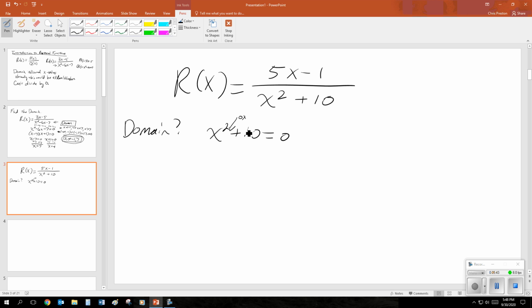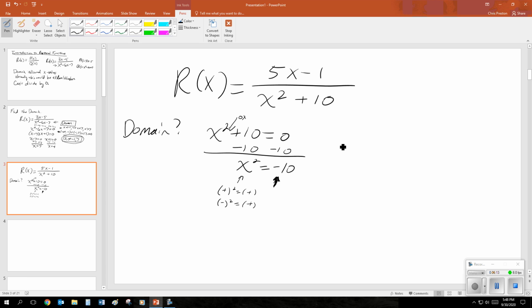This will not factor. And in fact, I wouldn't do this if I wanted to factor, but just to show what's happening here, this is really saying I want to square something and get a negative. Well, if you take a positive and you square it, that's going to be positive. And if you take a negative and you square it, that's also going to be positive. So there are no real numbers that will make this work. There are no real number problems here.